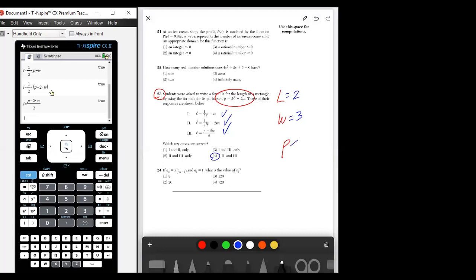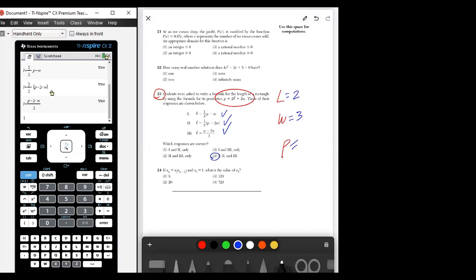So again, let me go back through this. If there's a multiple choice question that gives you a bunch of variables, and then asks you to rearrange the variables to get a different one by itself, you can store numbers for the variables and then nSolve for the remaining variable and basically make that a true statement. Then when you key in each answer choice, the one that gives you true is the one you want.